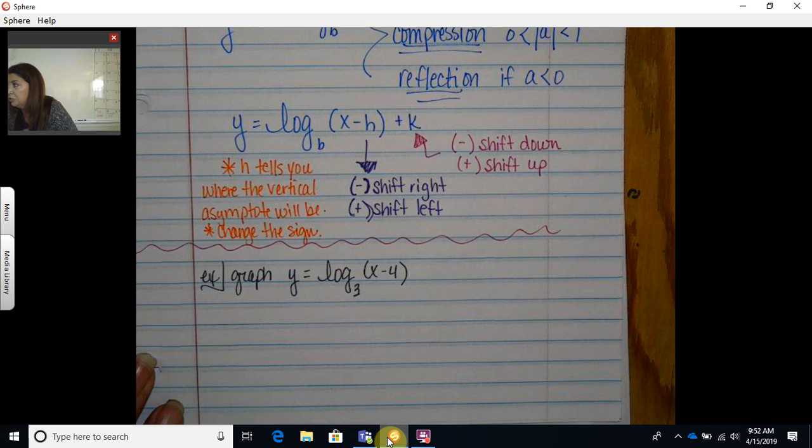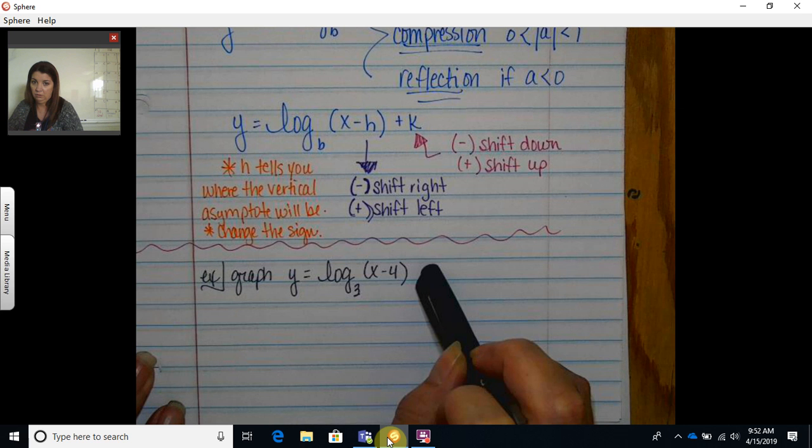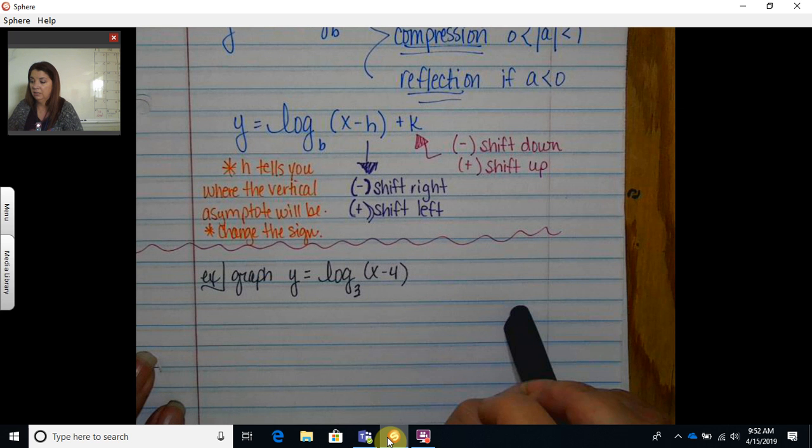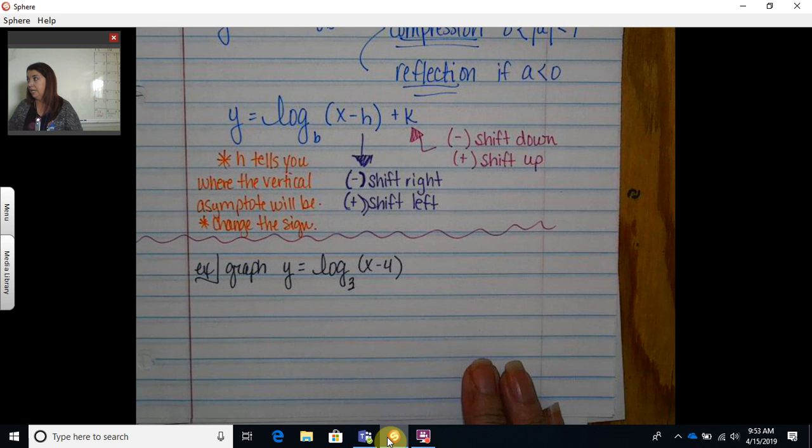It also does not shift up or down because there's no number out here being added or subtracted. What does it do? It shifts to the right 4 units. And where's the asymptote going to be? At positive 4, right? Because you got to remember this, change the sign.